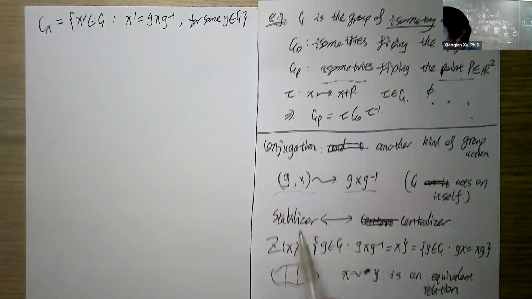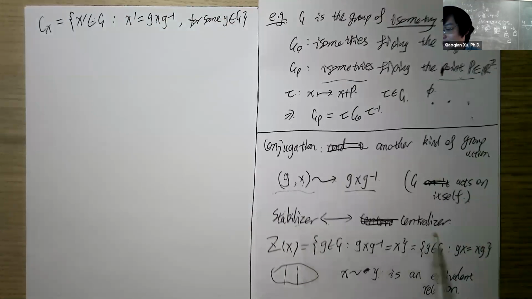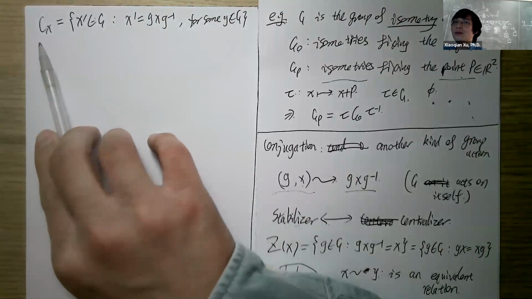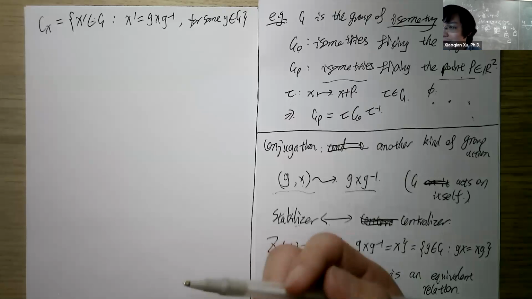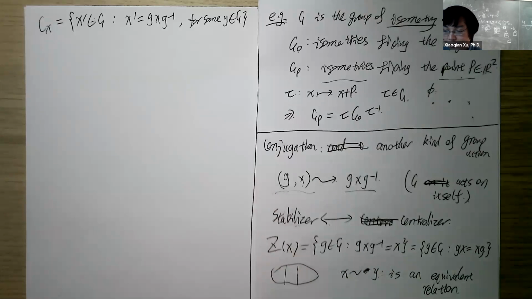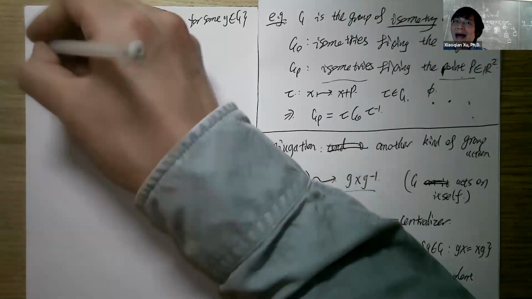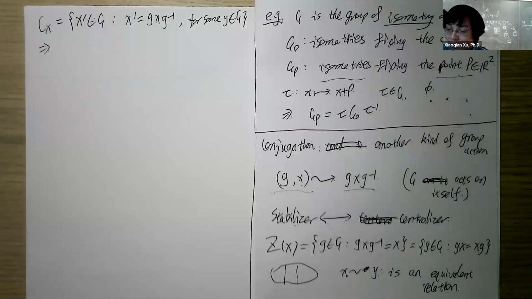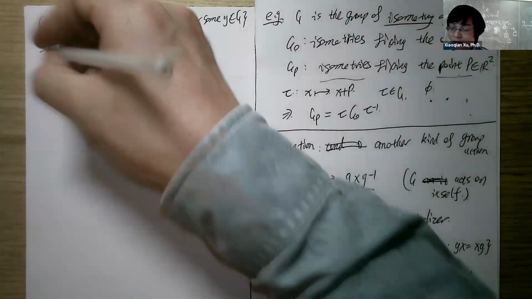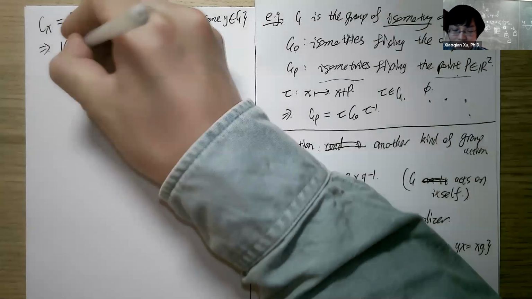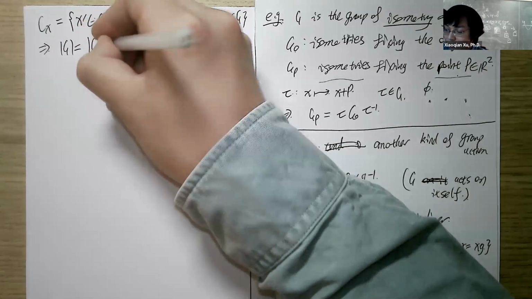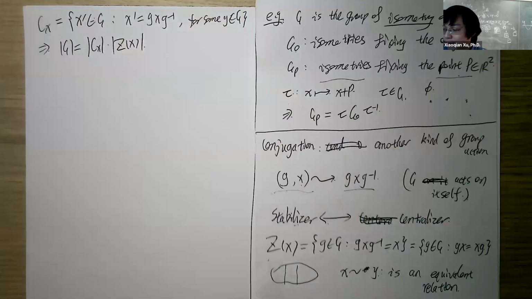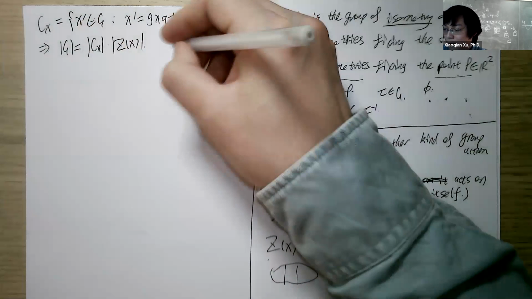You have the stabilizer, which is the centralizer in this situation, and the conjugacy class, which is the same as the orbit. Since it is an equivalence class, we also have G equals Cx times Zx, and Zx is a subgroup of G.